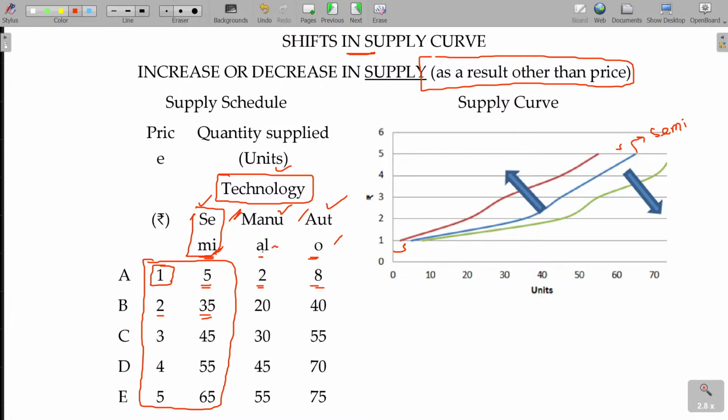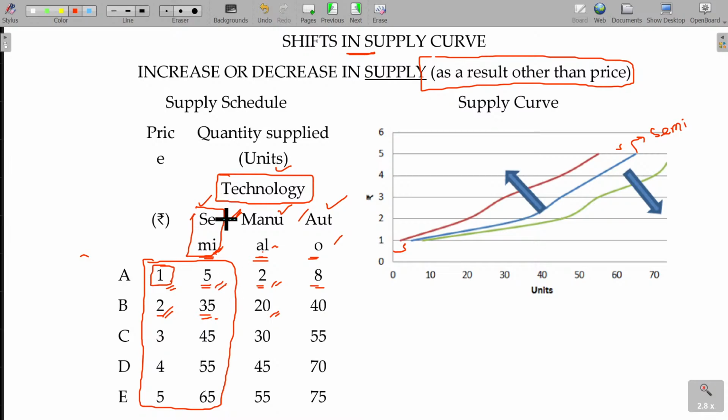When I use the manual one, for the same 1 rupee I am capable of supplying only 2, because manual I cannot work as fast. When the price is 2, I can supply only 20 rather than 35.